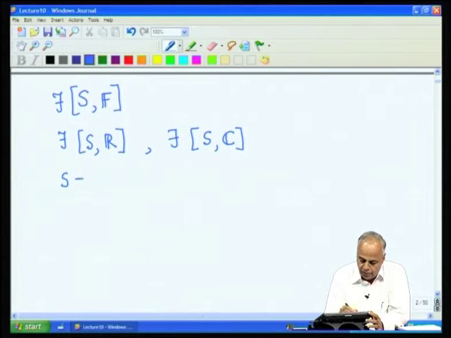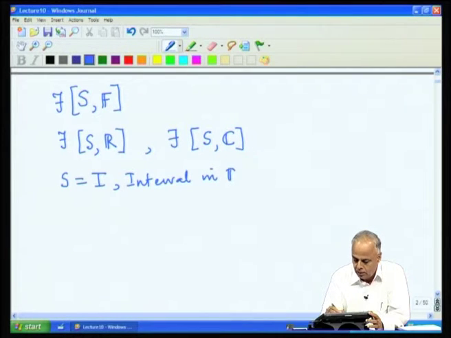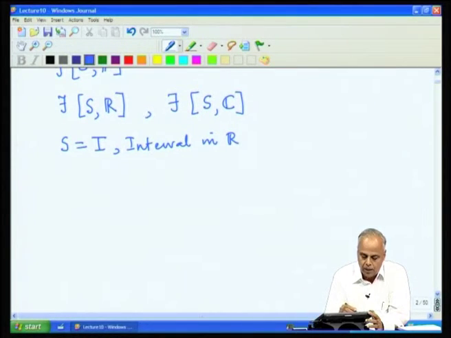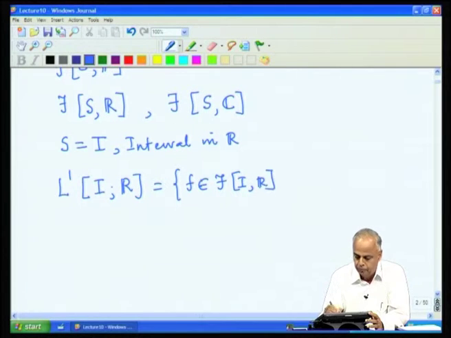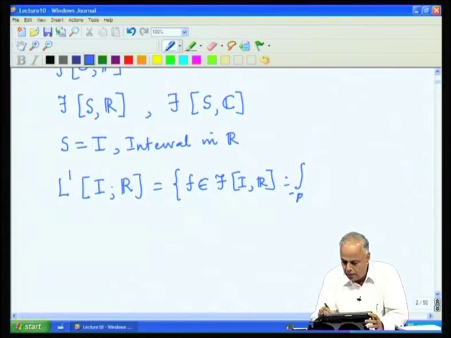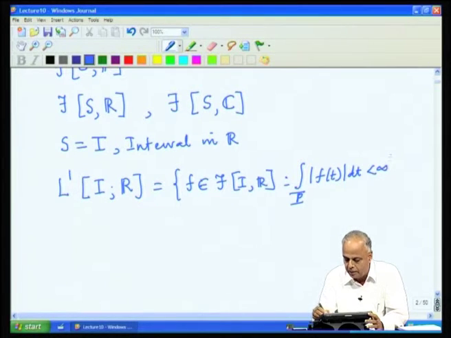In particular, if we take S to be an interval I in R, then we looked at two special types of functions. One was L1(I, R), the collection of all functions from I to R such that the integral over I of |f(t)| dt is well defined and is finite.